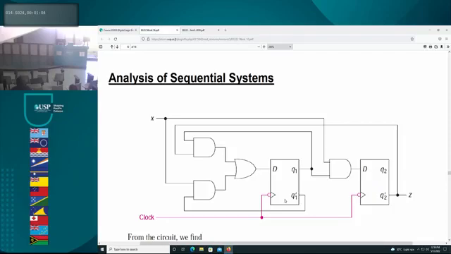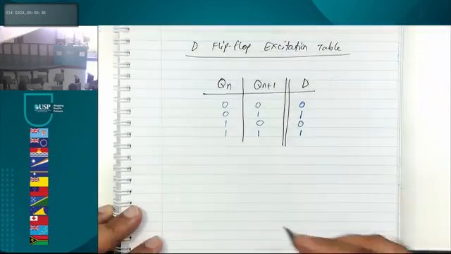Let's think about this one. What's that, guys? That's Q1 and Z. So over here we write Q1 and Z. Over here we write X and Q1 bar.